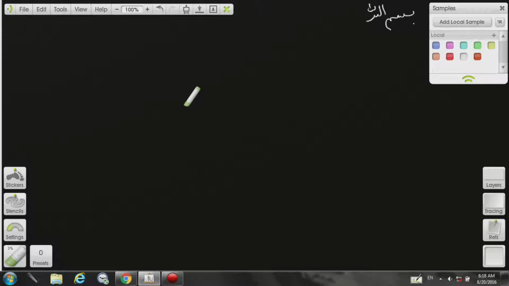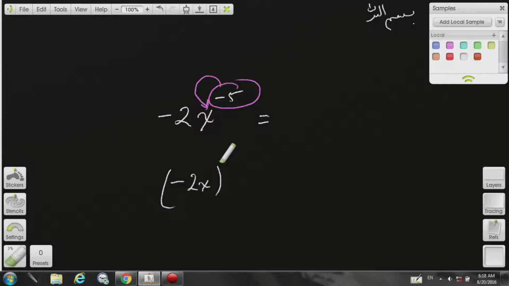Just as a point of clarification, take minus 2x to the negative fifth. This negative 5 belongs entirely to the x. In other words, there's a distinction between this expression and this expression. This expression can be rewritten as negative 2 over x to the fifth, and this would be 1 over negative 2x to the fifth.